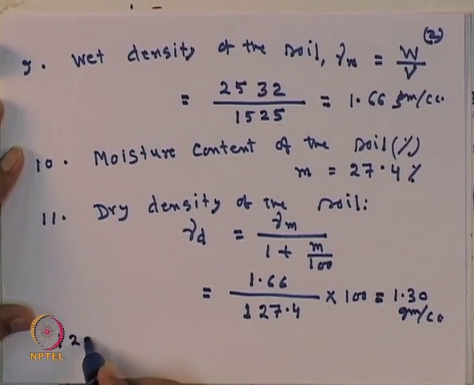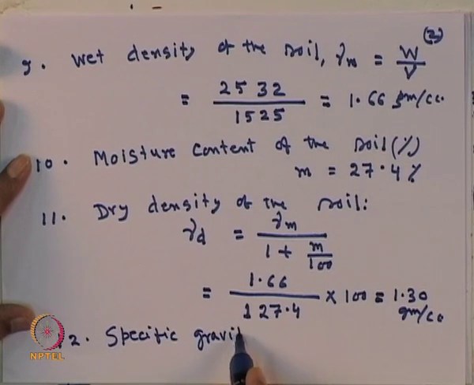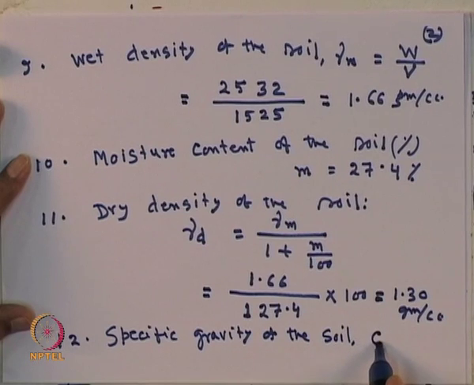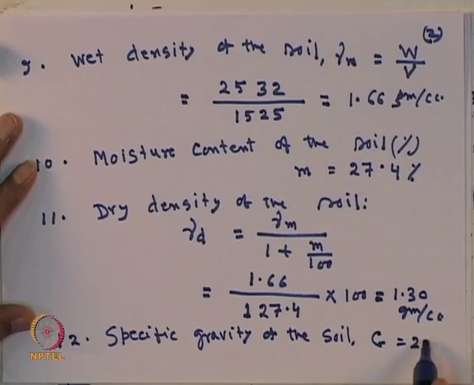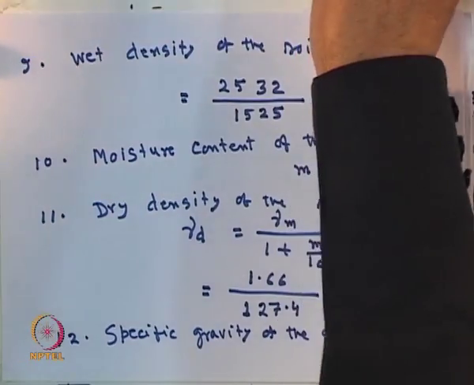And then you know the specific gravity of the soil, that is G is equal to 2.65.